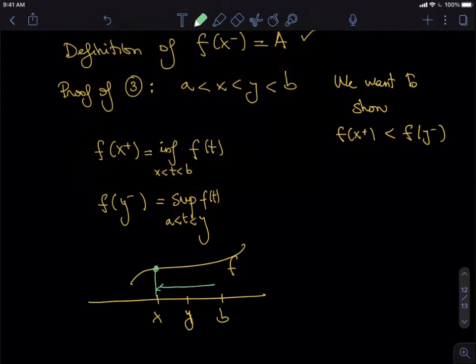So we are approaching here. You see that we are allowing t to go all the way up to b. But you will agree with me that actually the t's that are in here don't matter at all. We could say that they don't count for the infimum.